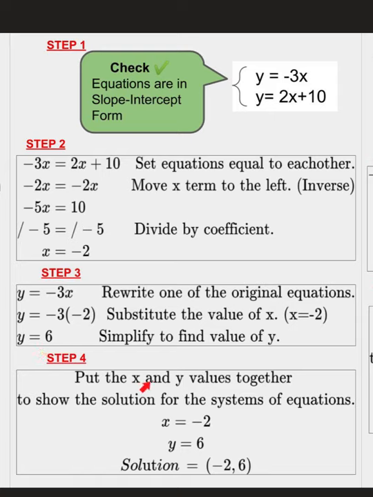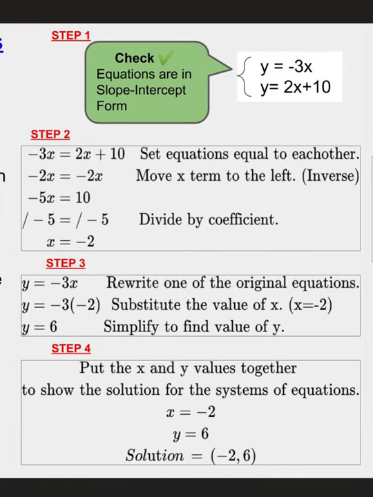Then you will put the x and y values together to show the solution for the system of equations. Remember, the solution is where the lines cross, so the lines will cross at negative 2, 6. That is the solution.